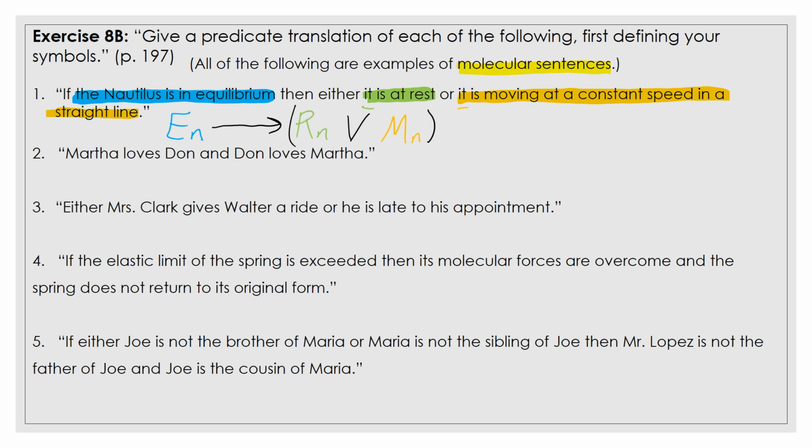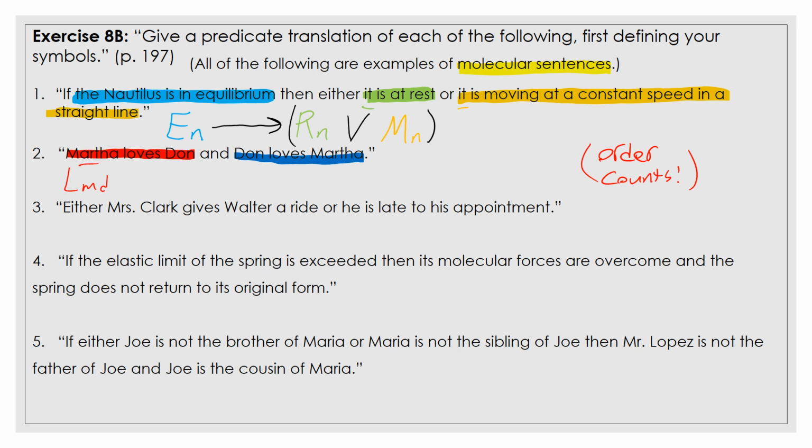Number two, Martha loves Don, and Don loves Martha. We have a conjunction with two atomic sentences. This time we have two-place predicates. Martha loves Don. Loves is the predicate, but we have two names here. So we have Martha, lowercase m, and Don, lowercase d. I should say order counts in this case.